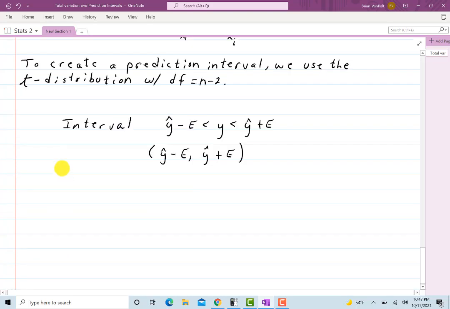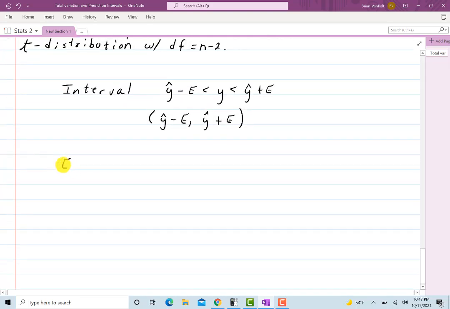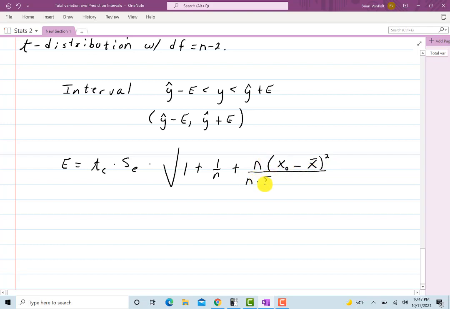And now let's get what E is equal to. E equals t sub c times s sub e times the square root of 1 plus 1 over n plus n times (x naught minus x bar) squared all over n times the sum of x squareds minus, first I'll sum the x's all up and then I'll square it.